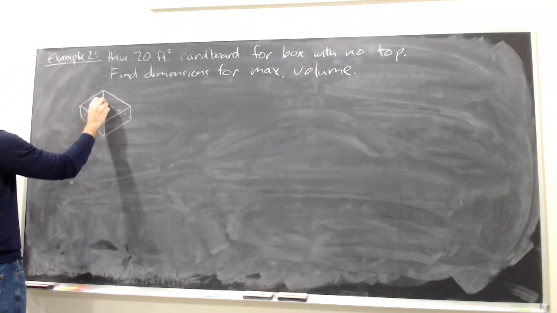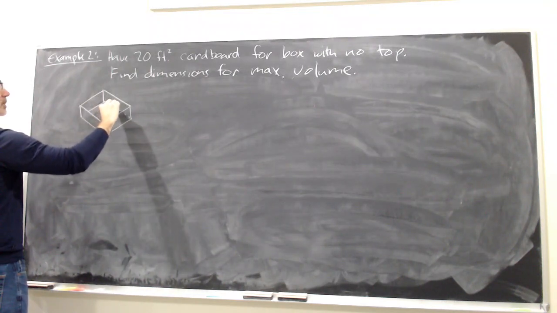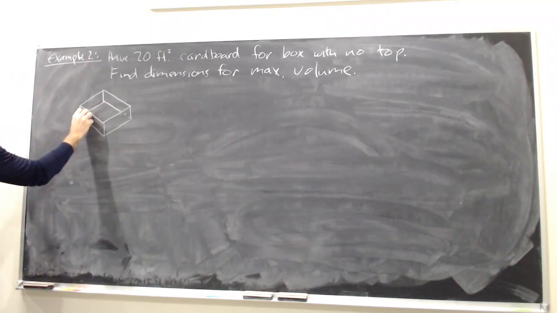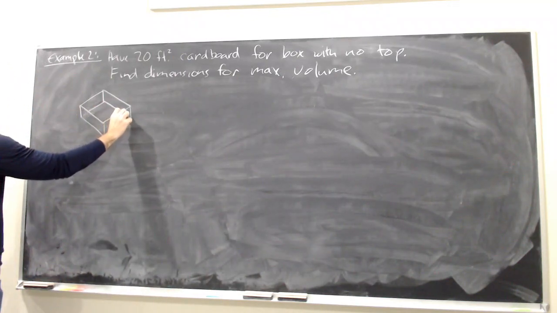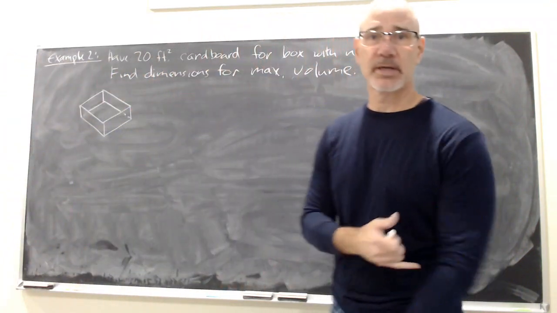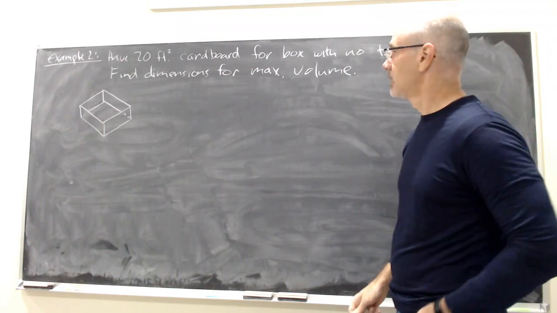Now, because the box doesn't have a top, I can actually see these bottom lines. So this is my open top rectangular box with a square base.